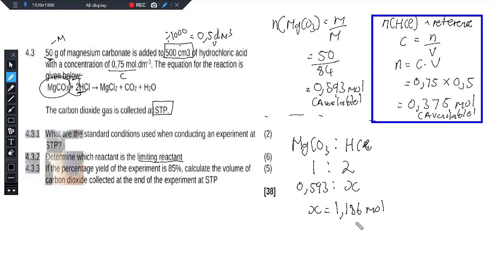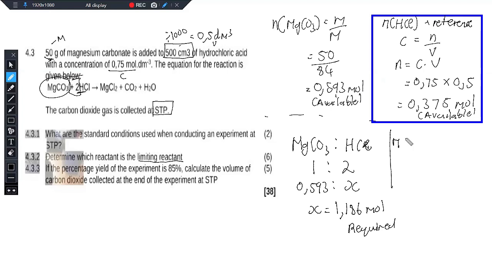So we get that we actually need 1.186 mole of the hydrochloric acid to react with all of the magnesium carbonate. But then let's go back here. Do we have that available from the hydrochloric acid? We can see that no, because hydrochloric acid is only 0.375. But then we require more than what is available.